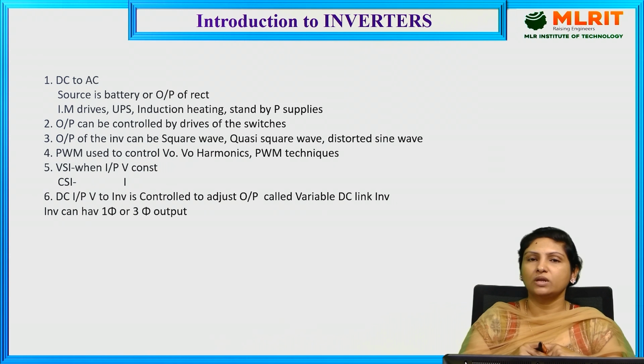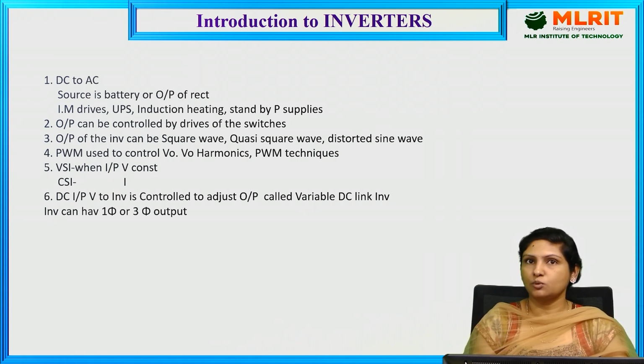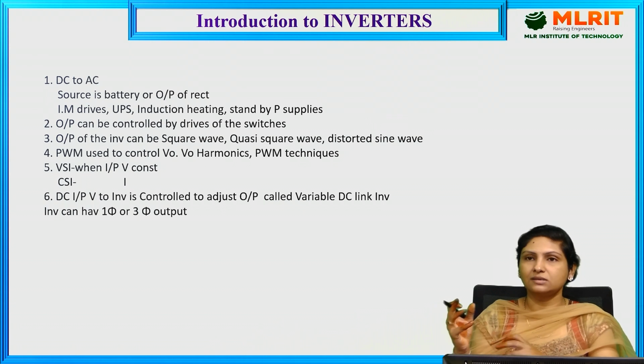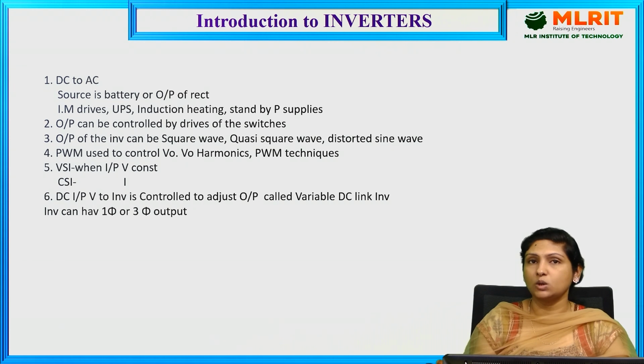And you know very well, if harmonics are induced in the system, the losses will increase, heating of the concerned appliances will increase, and because of these heat losses, efficiency will come down.